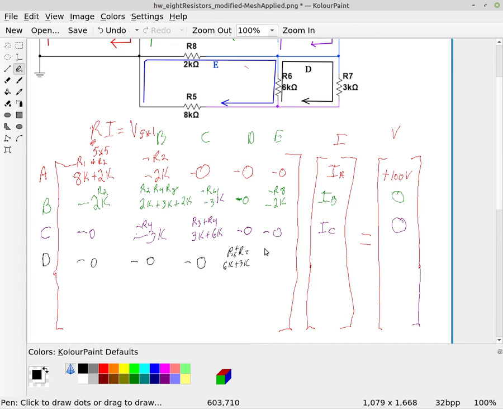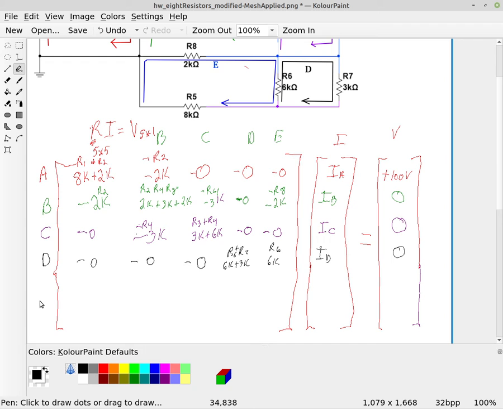And then D shares R6 with E. Okay, so the E and D here share R6, which is a 6K. And that's current ID, and there's no battery in there, so we just put a 0 in the voltage.